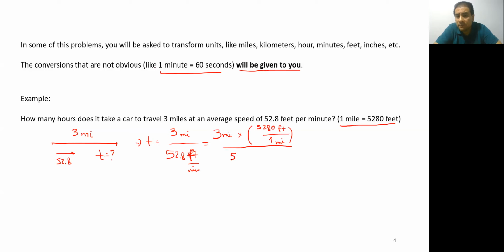Below, we have just 52.8 feet divided by minute. Okay, here, miles and miles go away, and we have 3 times 5,280, right? Divided by, and the feet with the feet go away, divided by 52.8, and the minutes here will go up, right?